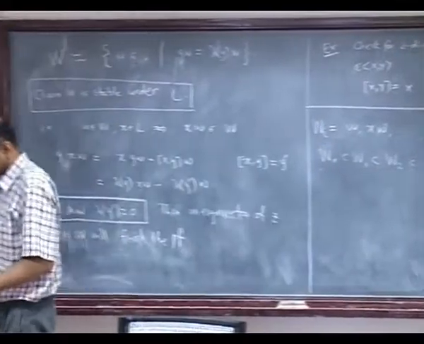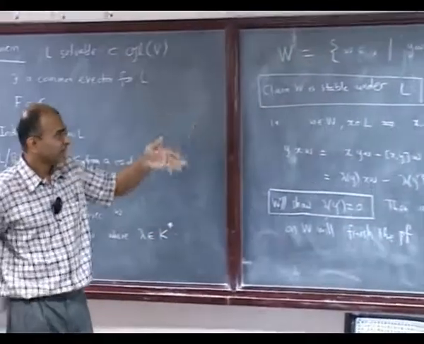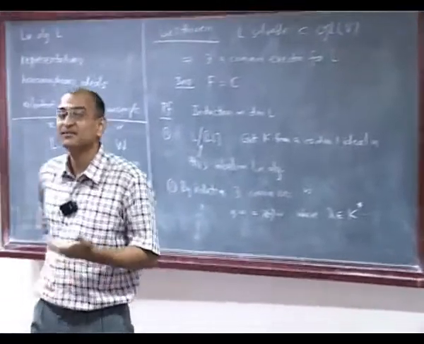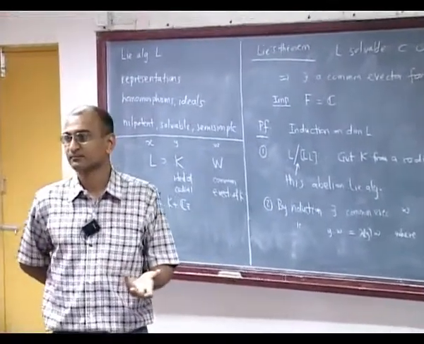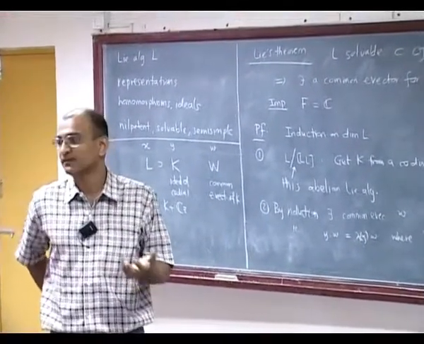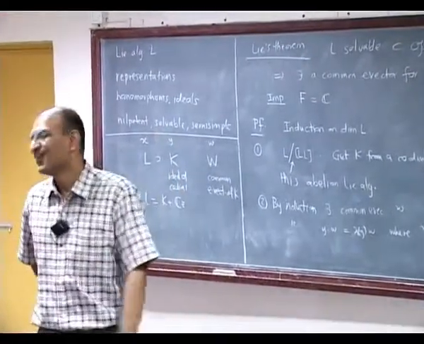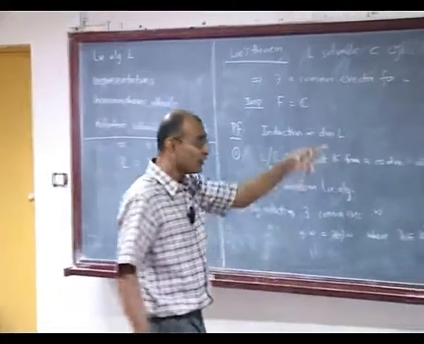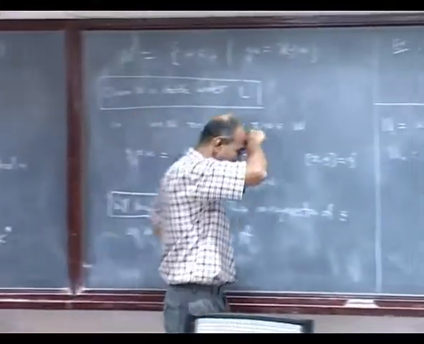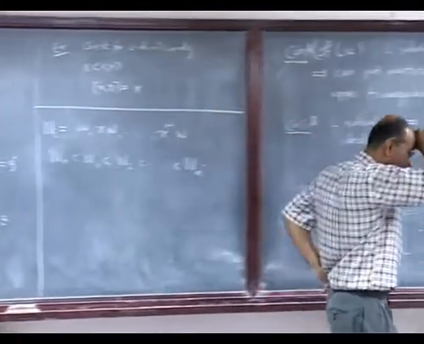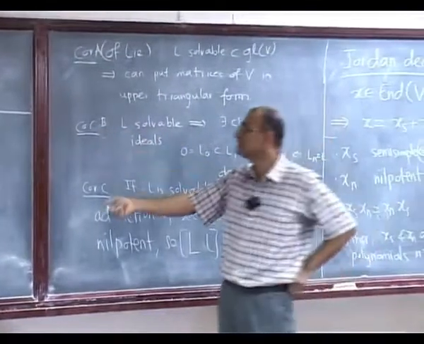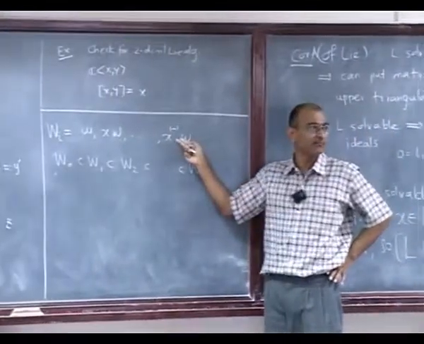So what does this mean? In other words, what this says is that the minimal polynomial of W is of degree n for X on this space. Well, is it the minimal polynomial? Just be careful. Yes, because W is killed only by a polynomial of degree n.